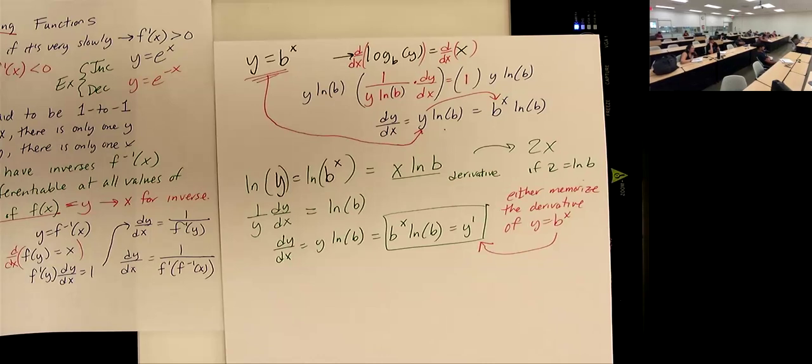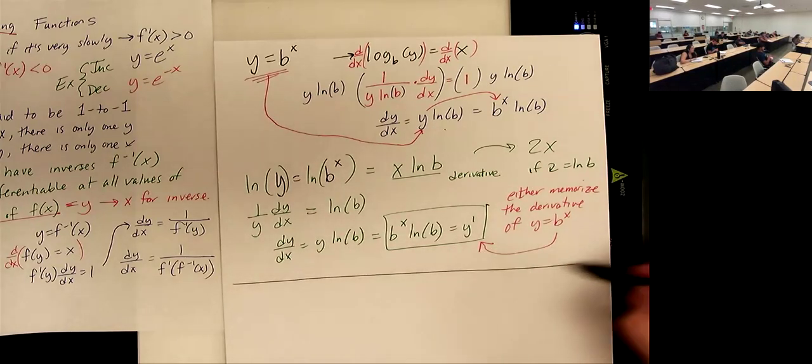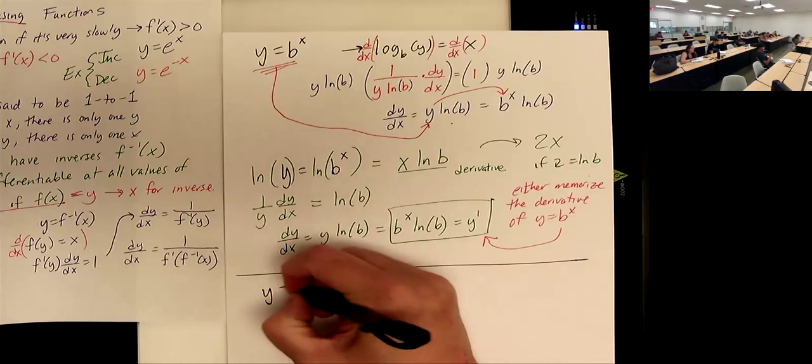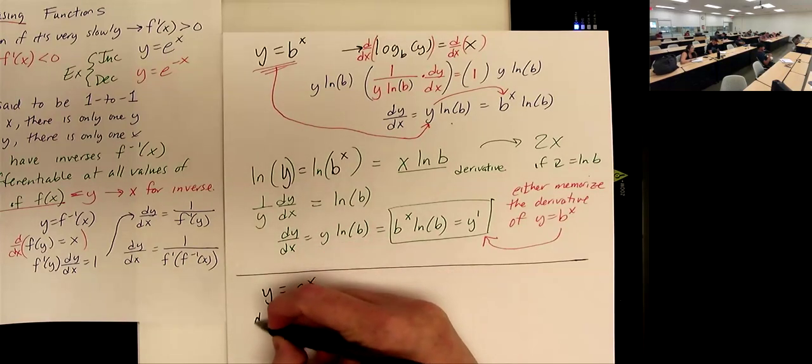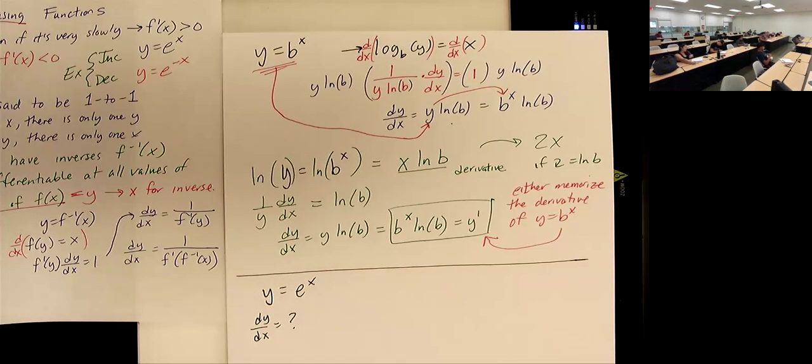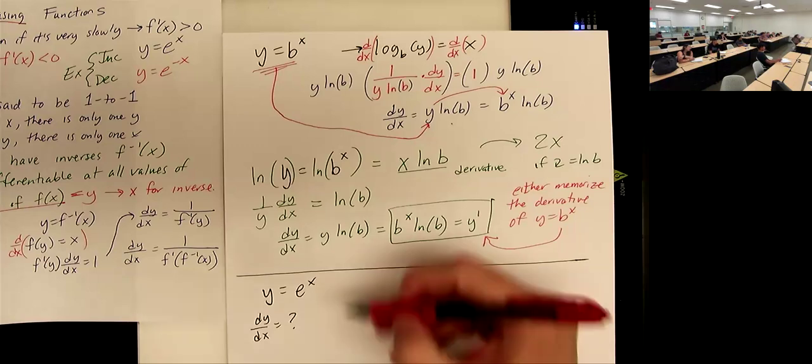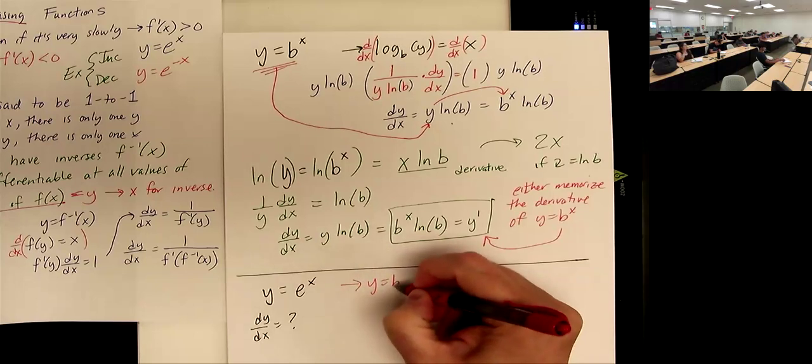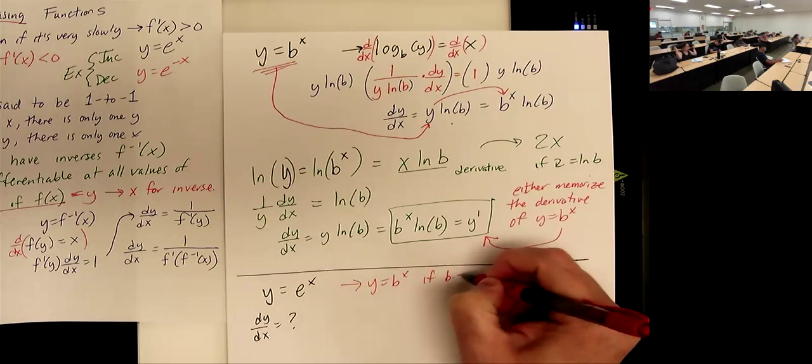Alright, so what if we're looking at the derivative of e to the x? Now you can rework this out, or you can recognize this is y equals b to the x, if b equals e.